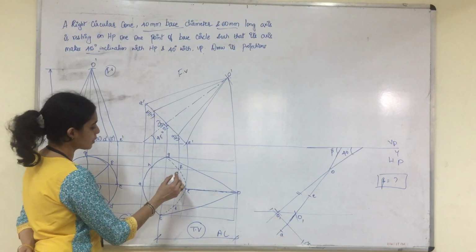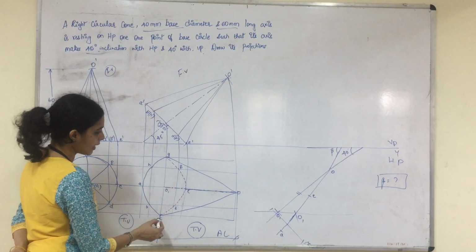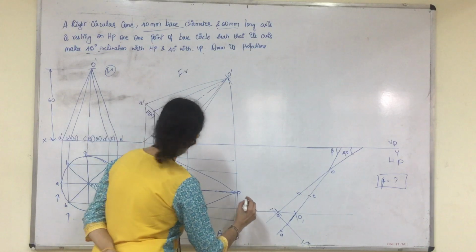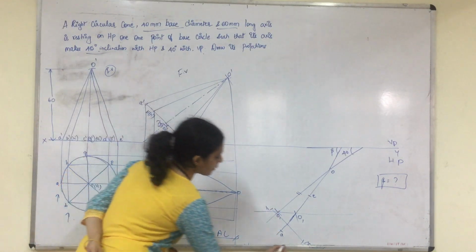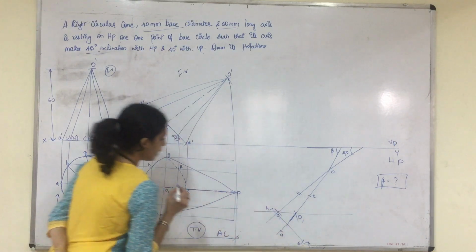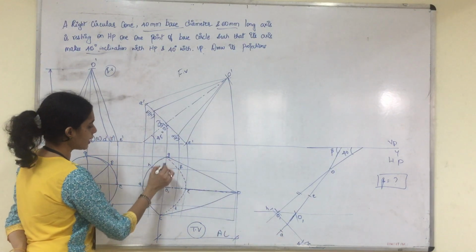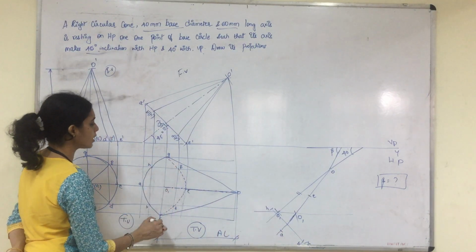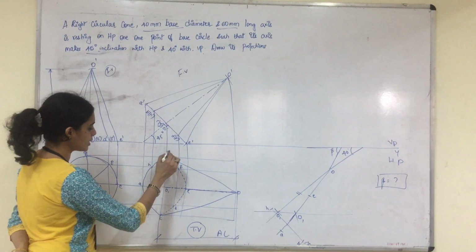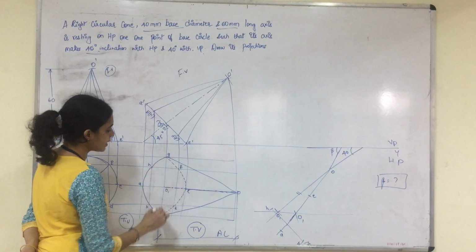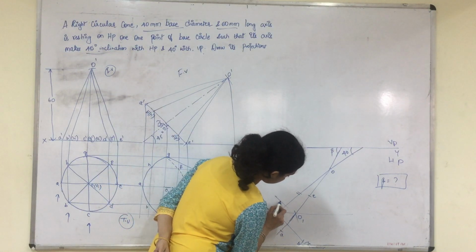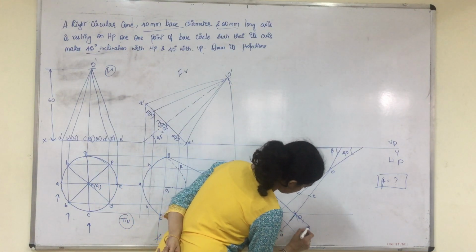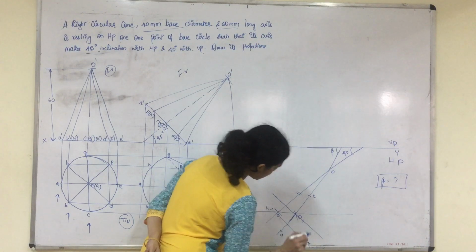Similarly we need to get G and C now. So you name this as H and this as B. Then through the origin we will get the other 2 points on the circumference of the base circle, that is G and C. So extend the line through the origin O1. Draw a perpendicular line first.